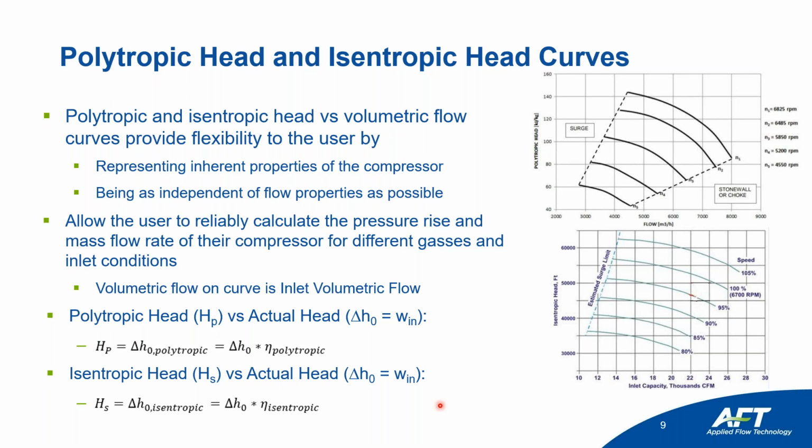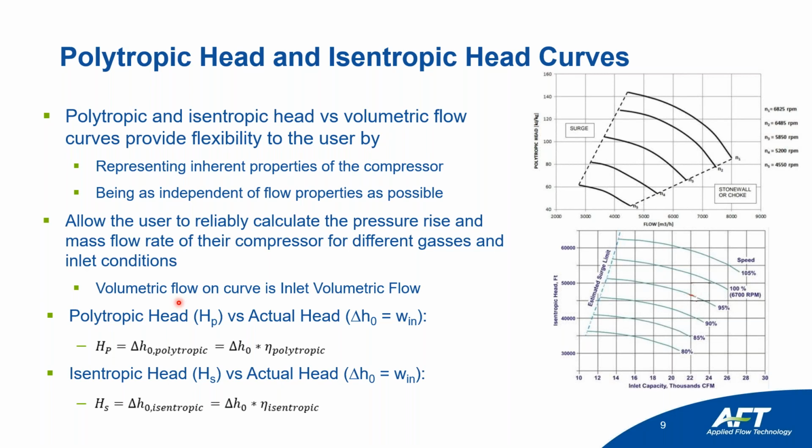And one thing to know when you're using these curves is you may think that the volumetric flow at the inlet obviously is different than at the outlet of the compressor. So what do you go with for the volumetric flow?